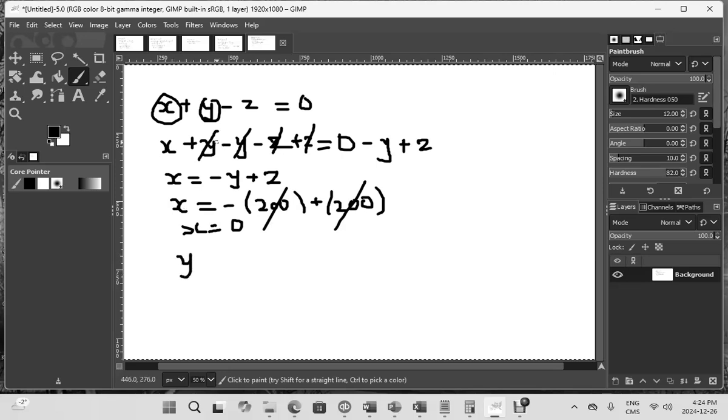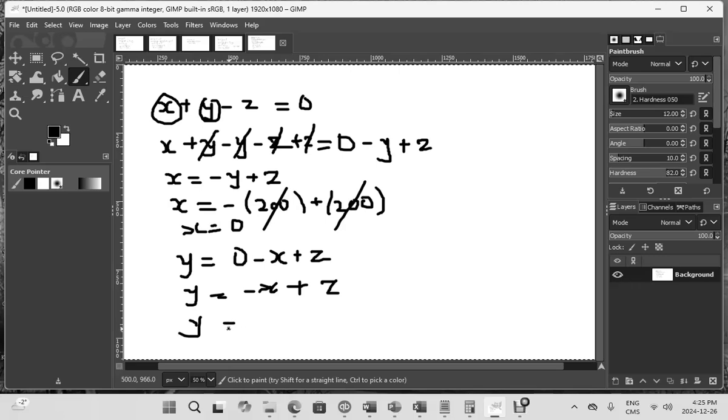Now if you need to solve for y, again, same story. You'll subtract x and z on both sides, which means you'll have y equals 0 minus x plus z, which means y will be negative x plus z.